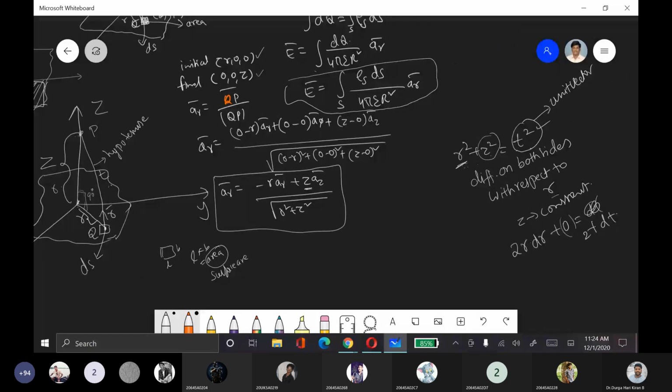So 2R dr is equal to 2t dt. From this, you can write dr is equal to dt. This is the equation that you can derive from general discussion. Let us keep it aside.